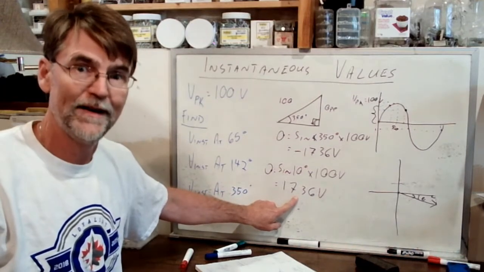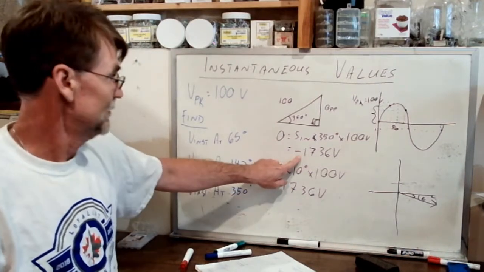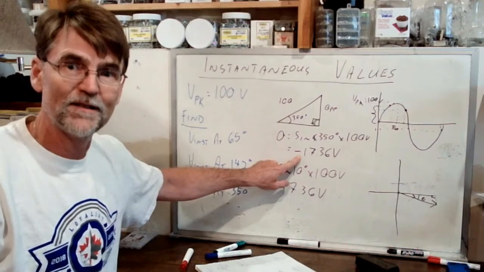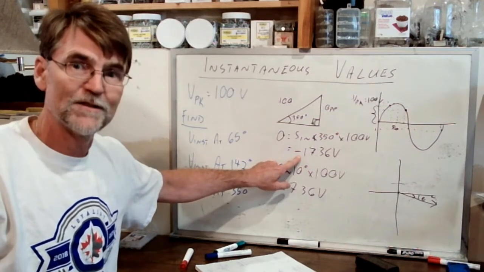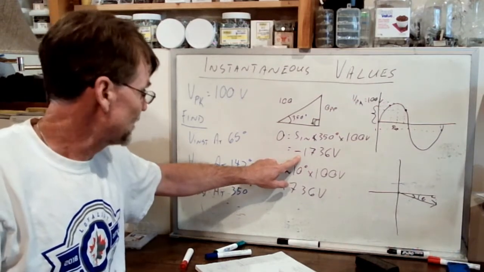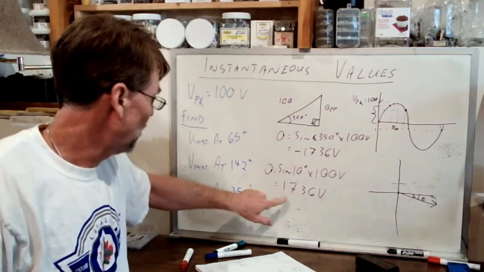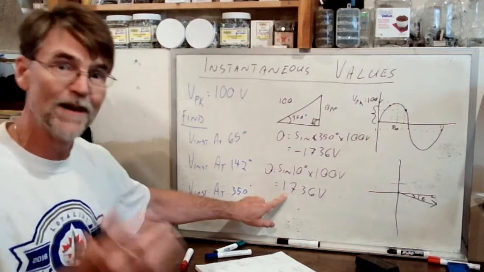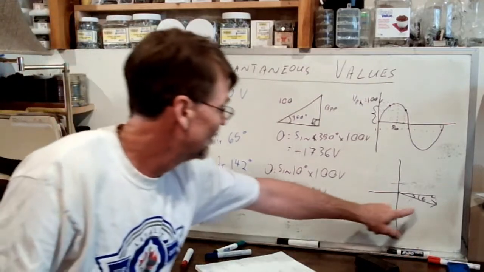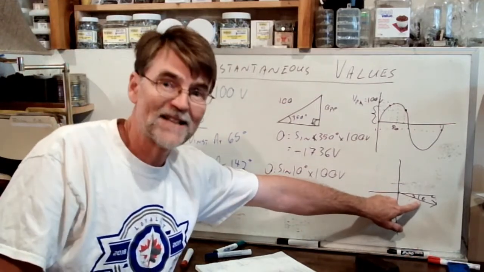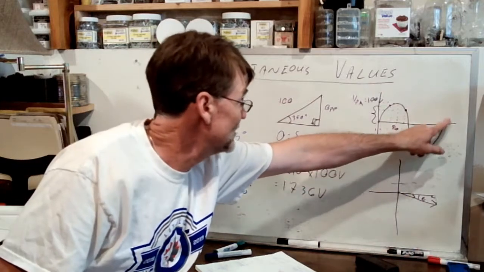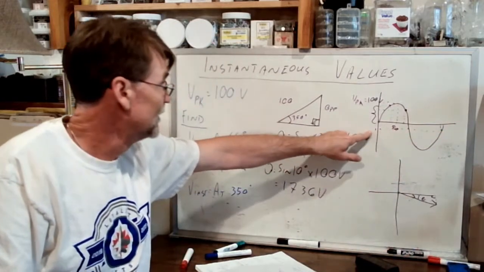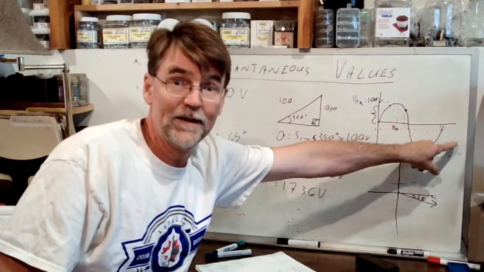17.36 volts is not the right answer. Negative 17.36 volts is the right answer. Okay, there's a couple of ways. Well, the first thing is to just do the work like this and say, okay, I've got the number. Now I know the number, but I realize that it has to be a negative value because we're down here in the sine wave below the 0 volts line.